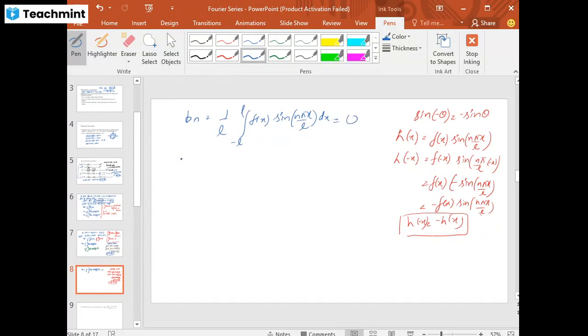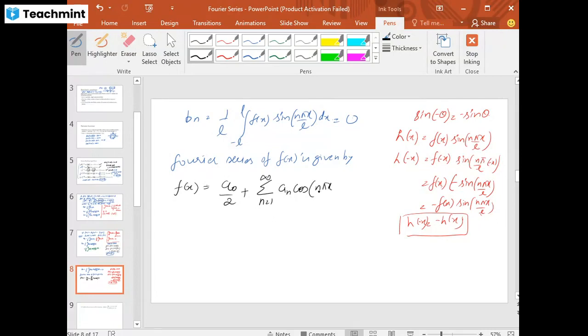So what will be the Fourier series? It means that the Fourier series of the function f of x is given by f of x is equal to a naught by 2 plus summation n varies from 1 to infinity a n cos n pi x upon L. That is, in that case, the value of Bn is 0.